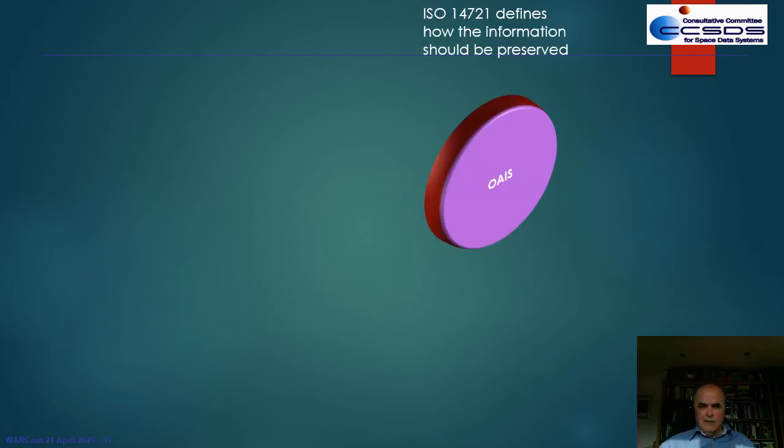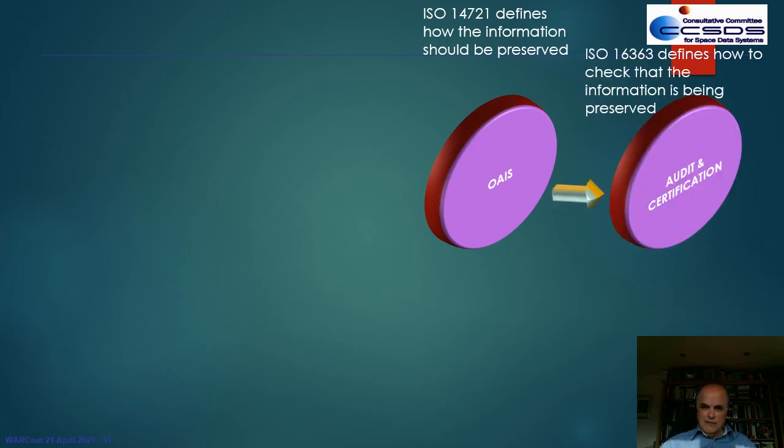I'm going to move on slightly to think about the family of standards which my colleagues and I have written. We have, of course, OAIS. We have a way to check that preservation is being done properly.